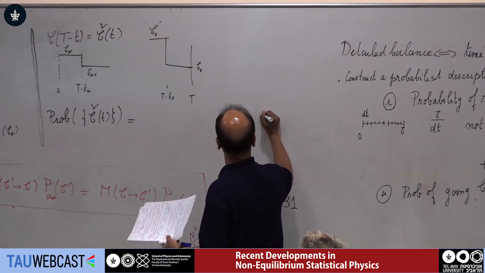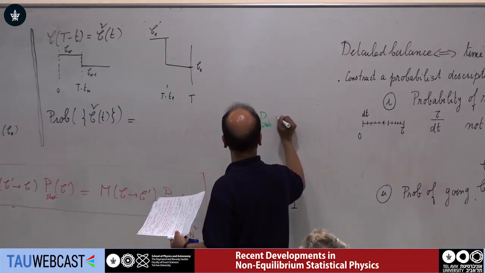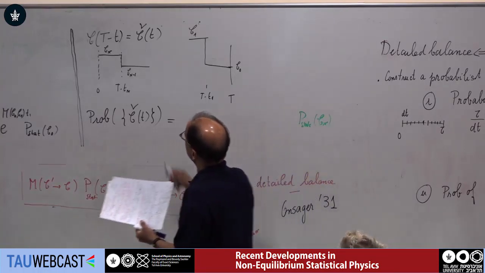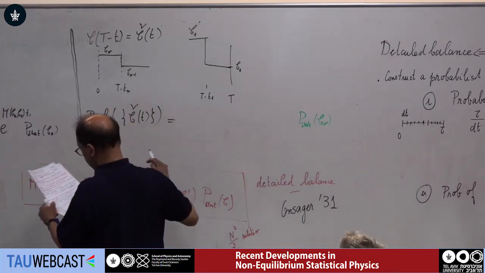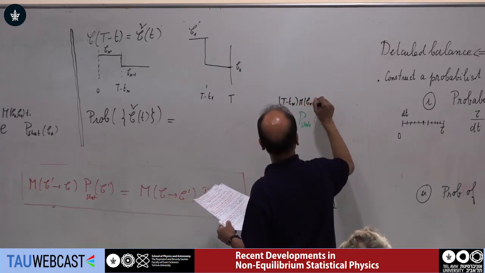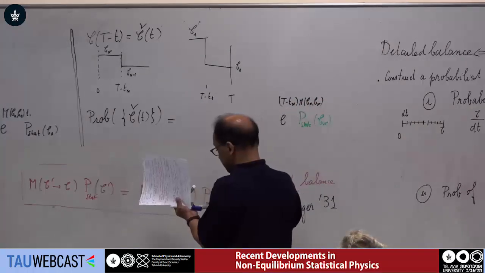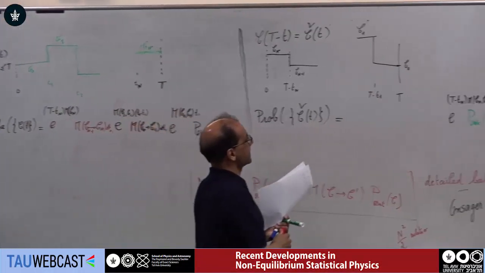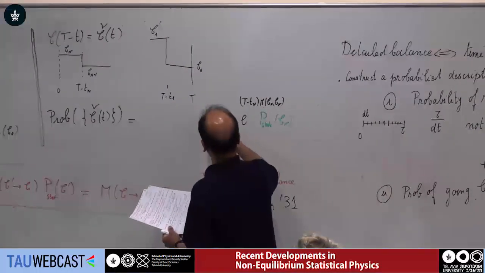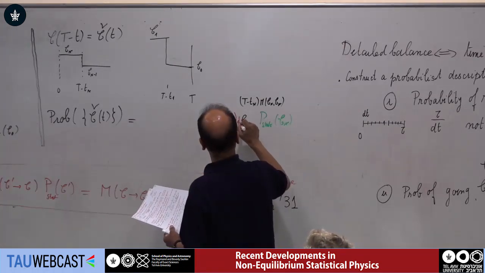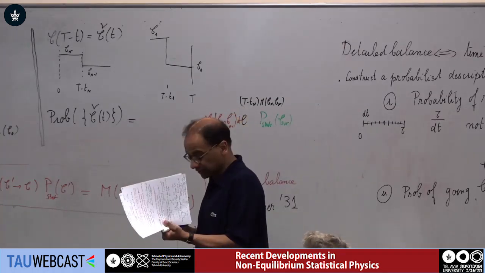Well, I have to choose P stat of Cn. I have to remain in Cn during time t minus Tn. I have to jump from Cn to Cn minus 1. And so on. Do some time dt. I have to remain in Cn minus 1, and I continue.